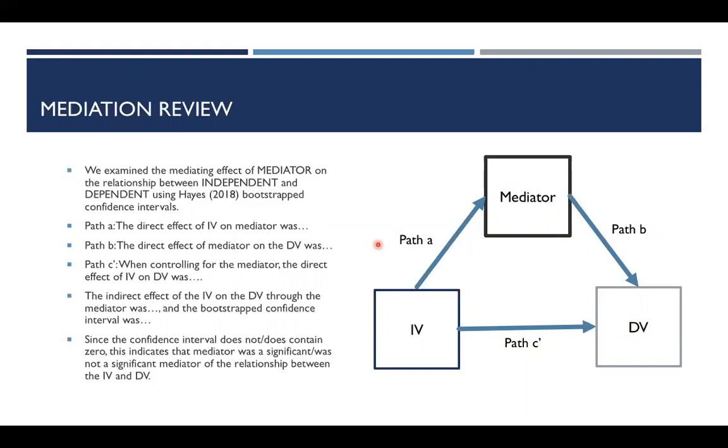And then we can calculate that indirect effect when we're using the Hayes method and get a bootstrap confidence interval for that indirect effect, and that's going to tell us whether this mediation is significant or not. And over here, just a summary of how we interpret that. So once again, mediation is about trying to explain this relationship by way of a third variable.